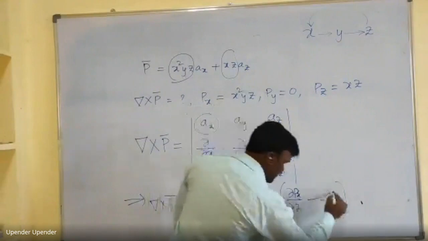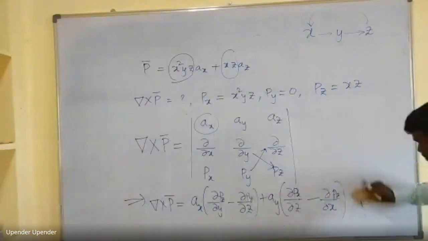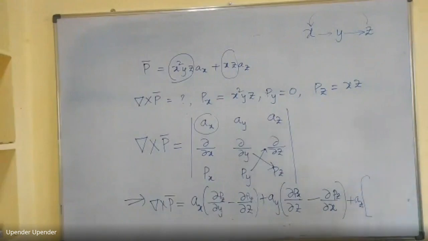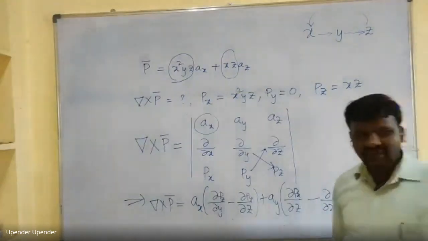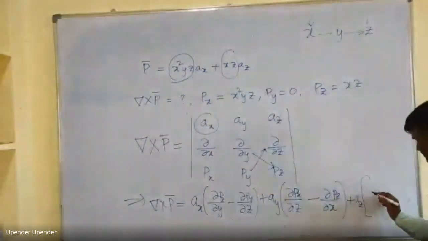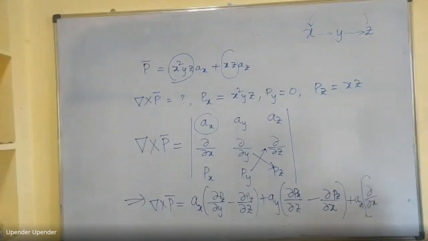Here write the z component, that is Pz. Similarly, last one, what is the last component? That is az. What I said, after z we need to take x. So here write the x component, that is dou by dou x, minus, after x I have to write dou by dou y.